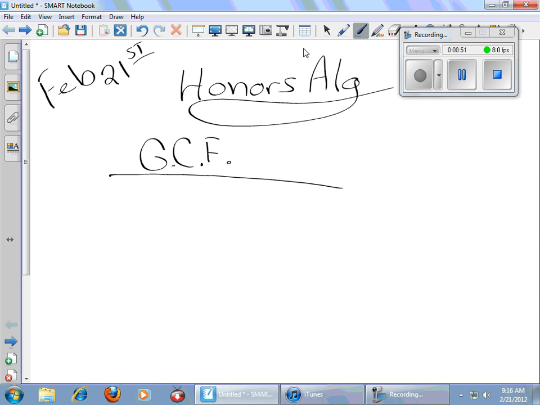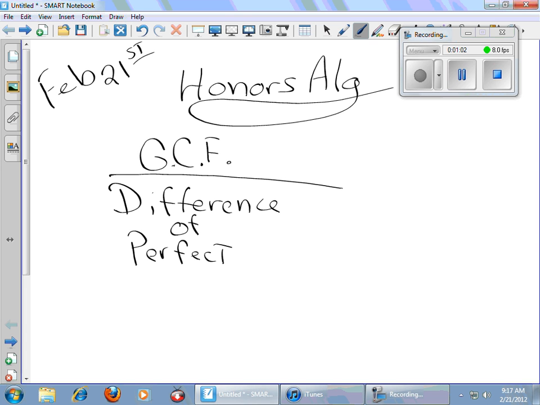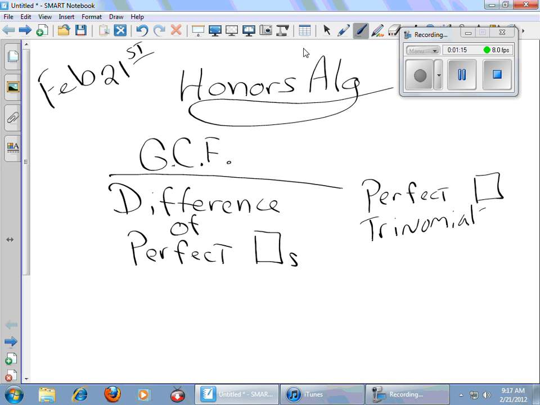We're going to learn a pattern called the difference, and right away your brain should be going, difference means subtraction. Difference of perfect squares. And then we're going to learn about perfect square trinomials. Now, we're going to develop these patterns by foiling.